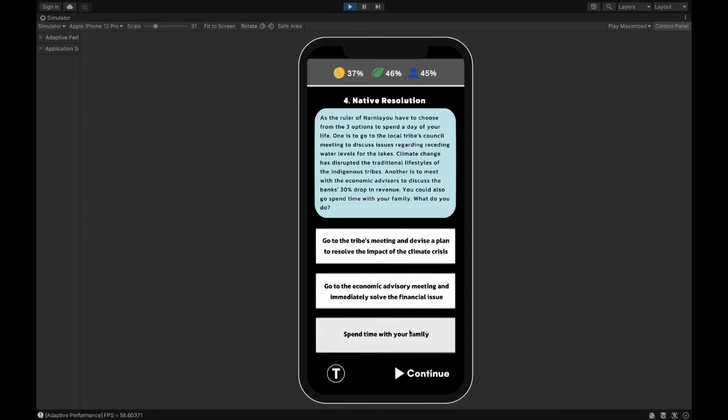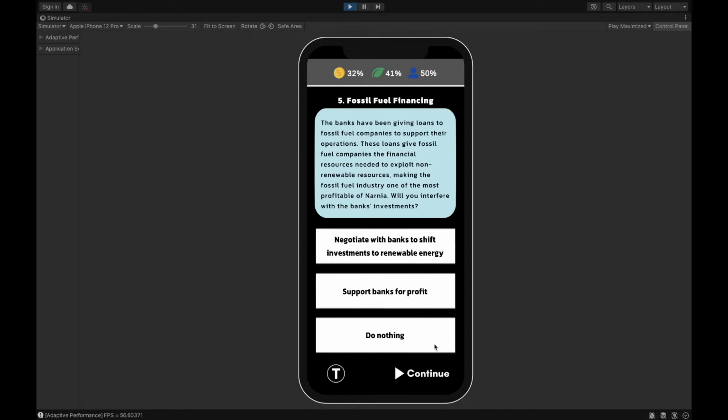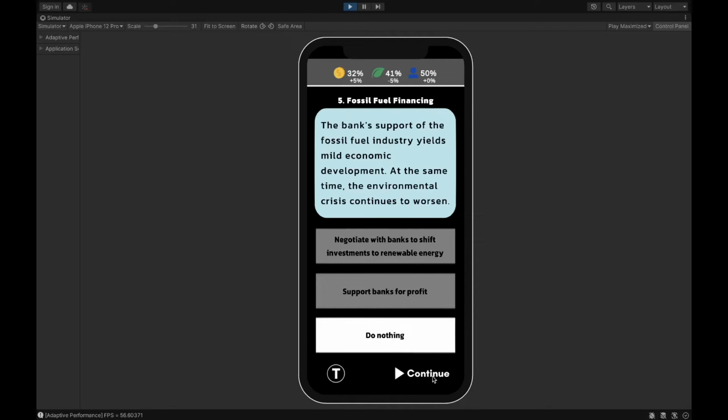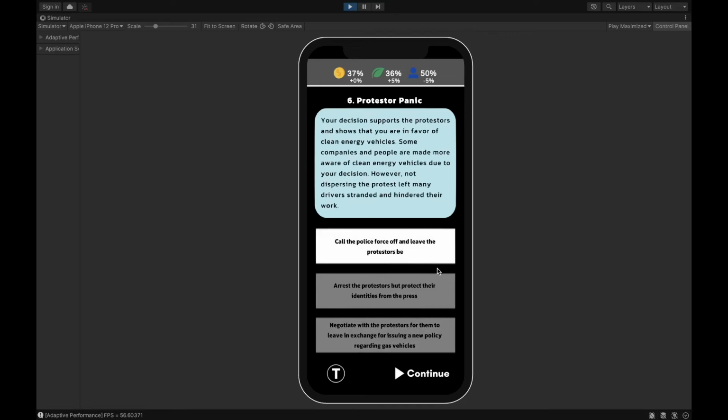For native resolution, I think spending time with family was the lower option. We can go ahead and do nothing. And then protest or panic, we can go ahead and call the police force off, which decreases the societal score.